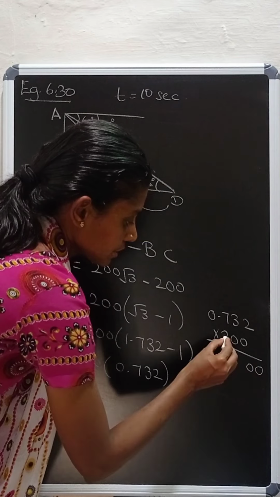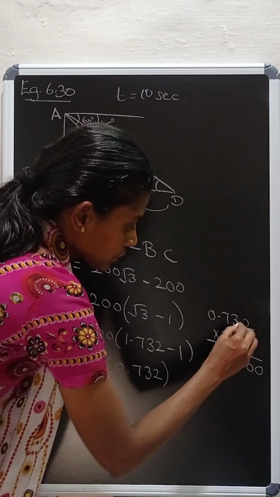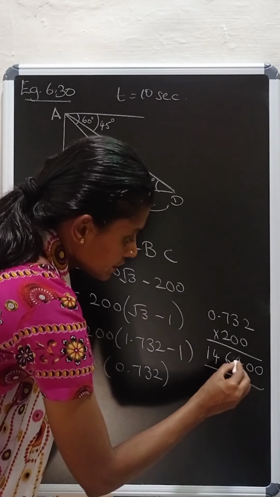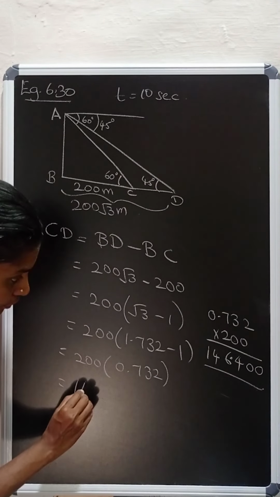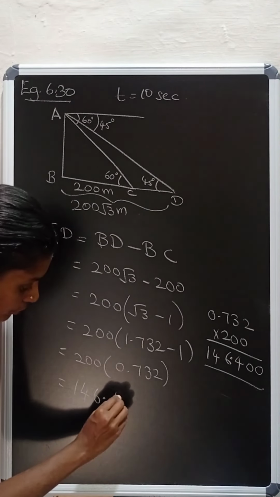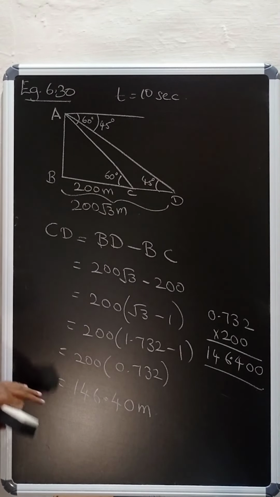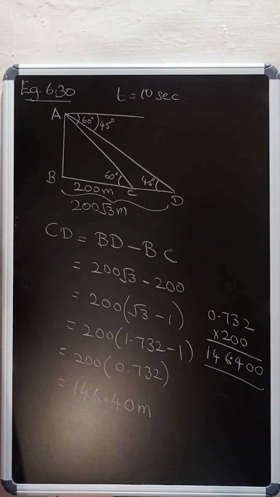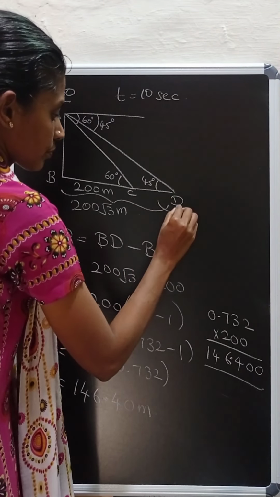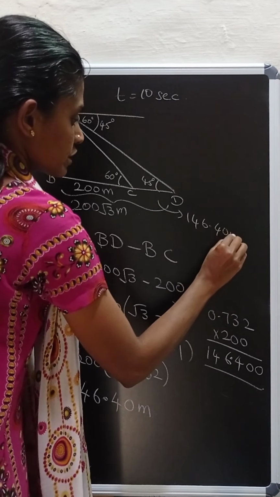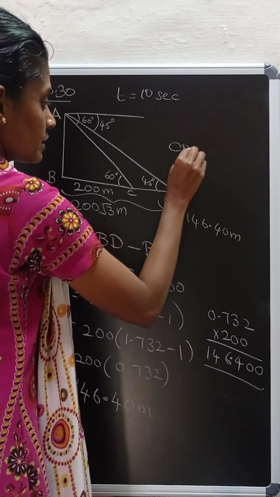These two zeros come here. 2 2s are 4, 2 3s are 6, 2 7s are 14. Now after 3 digits, keep the point, which is equal to 146.40 meters. So now you have got the distance, 146.40 meters.